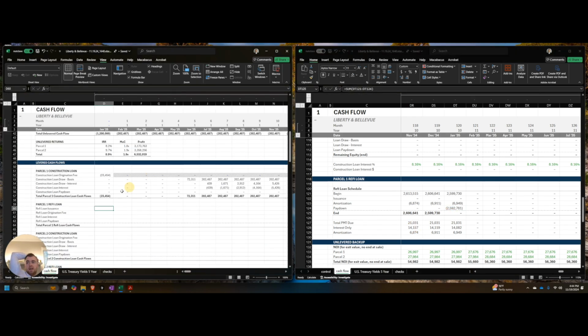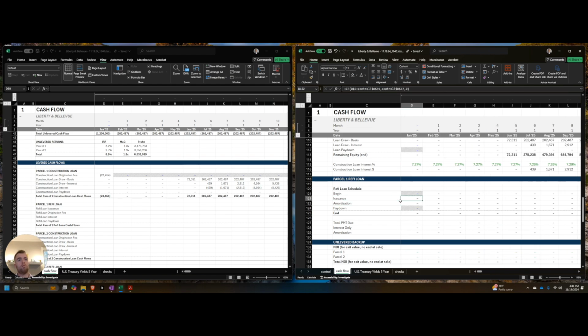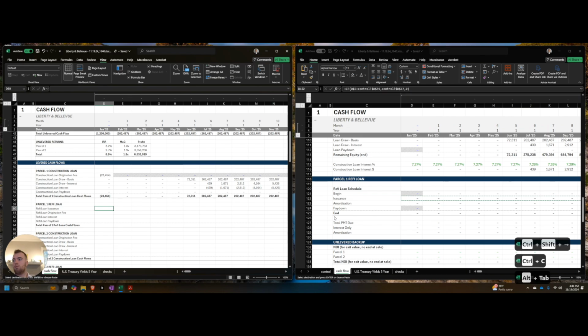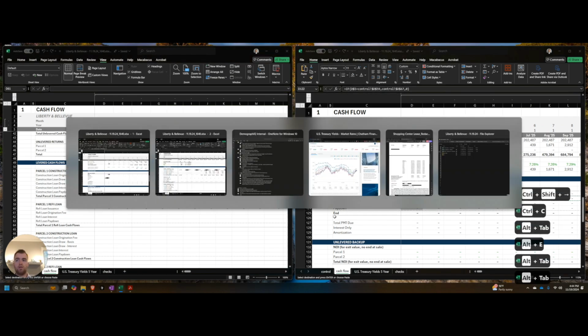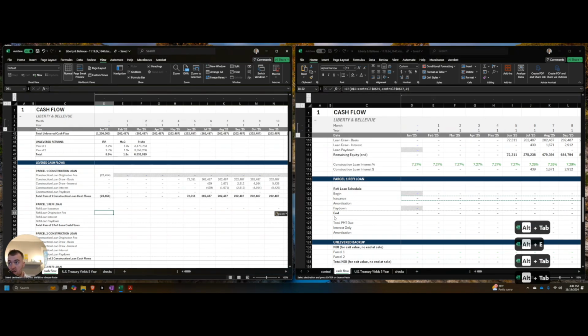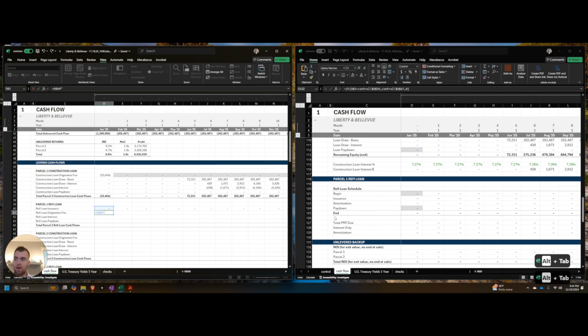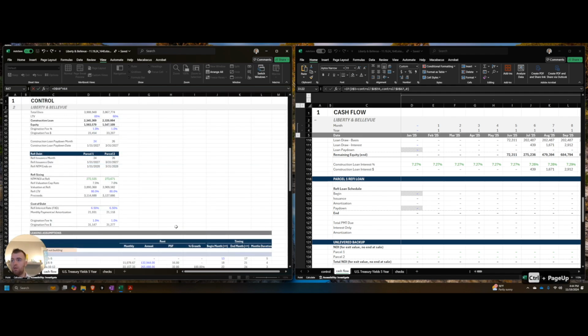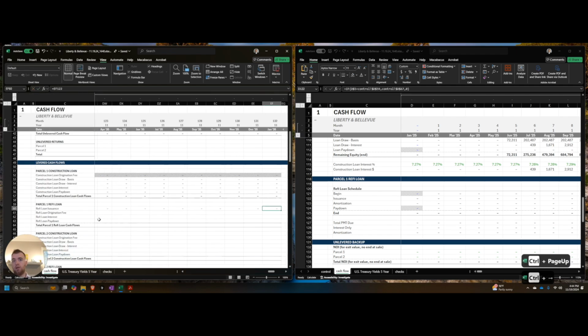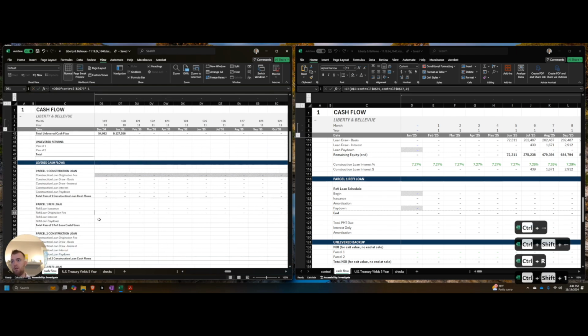You want to always make sure that your debt ends at a zero balance. So that's your issuance. Your origination fee will be equal to your issuance times that times -1. It should get the same answer.